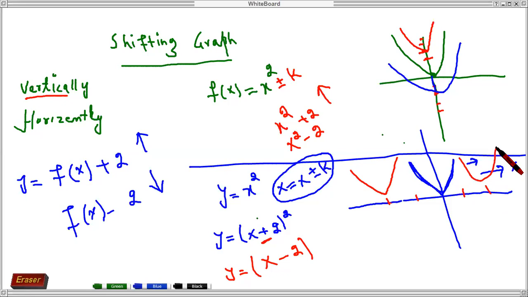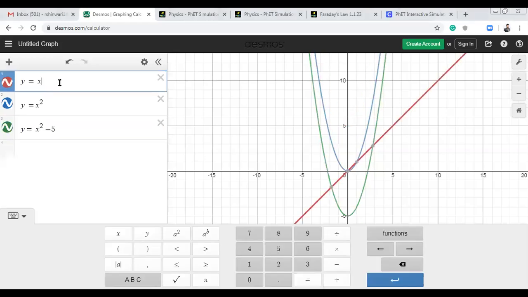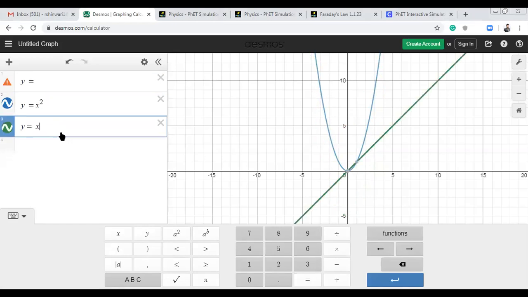Now check in the calculator. Okay, we have a function. What is a base function? The base function is, let's suppose, y is equal to x square.